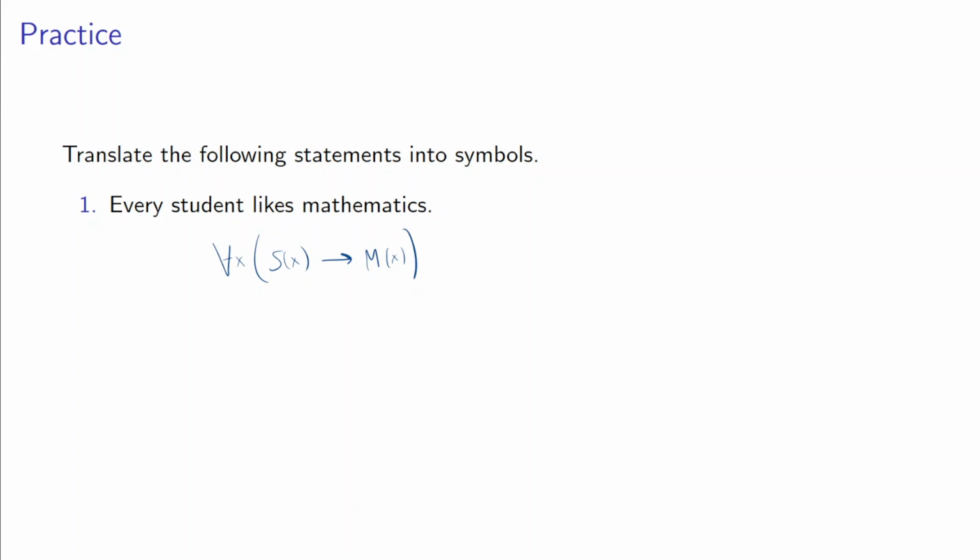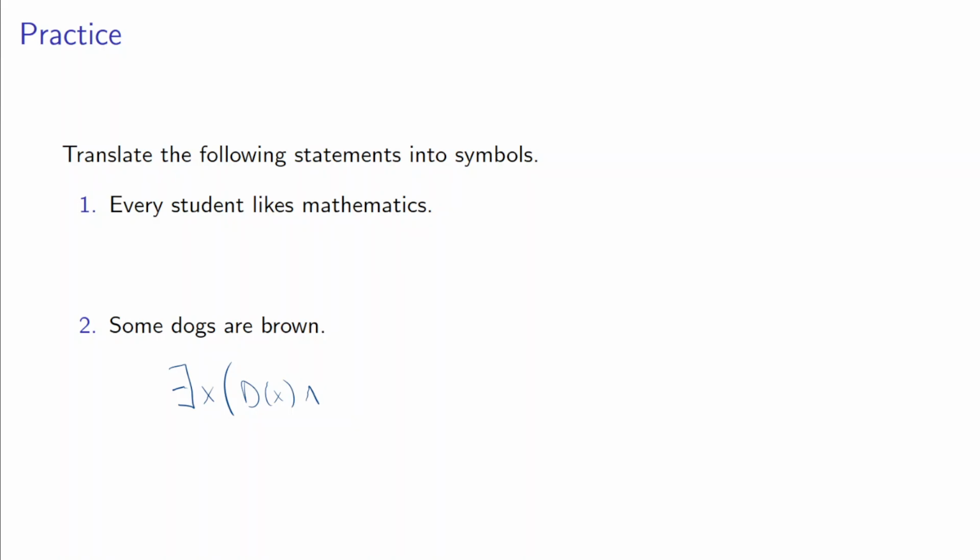Every student likes mathematics. And then, some dogs are brown. We could have D of x being that x is a dog, and B of x being that x is brown. So we could write there exists an x such that D of x and B of x. There exists an x such that x is a dog and x is brown. Some dogs are brown.